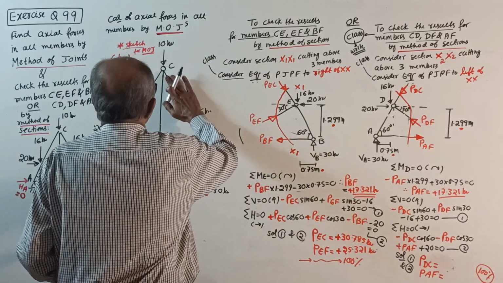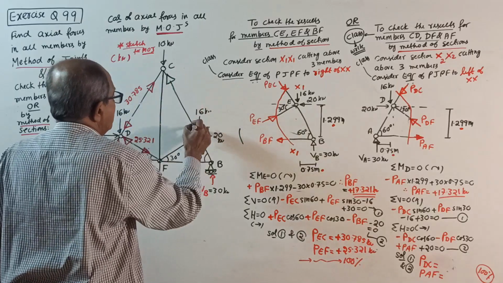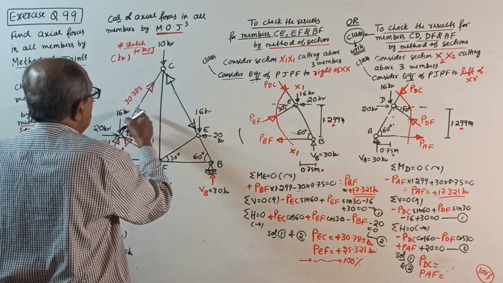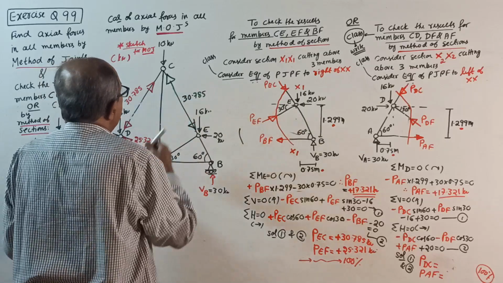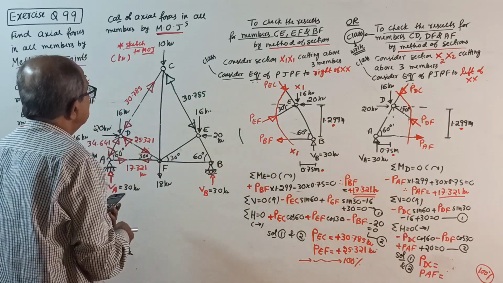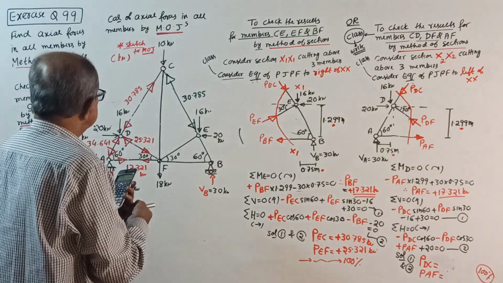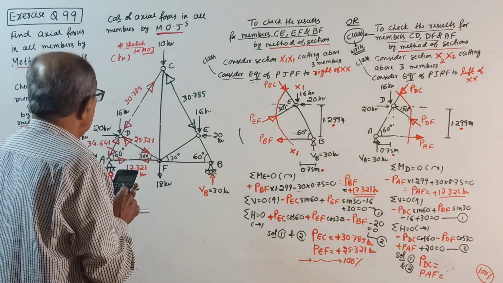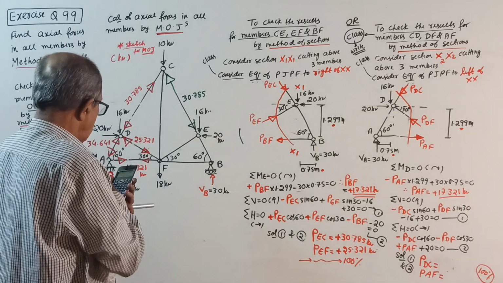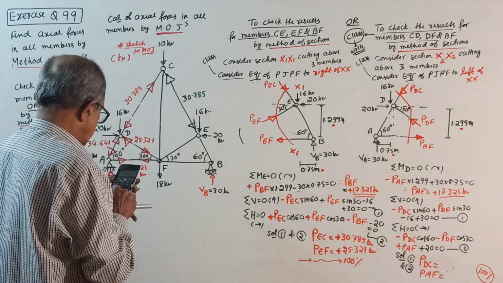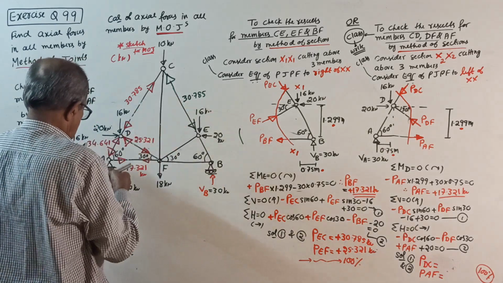Okay, which I am using by symmetry, I will not see. You need not show the calculation. Get the answer directly. Whatever you got here, 30.785 by symmetry. But this one you have to calculate. 30.785 into 2 into sine 60 is 53.321 minus 10 is 43.321 down.